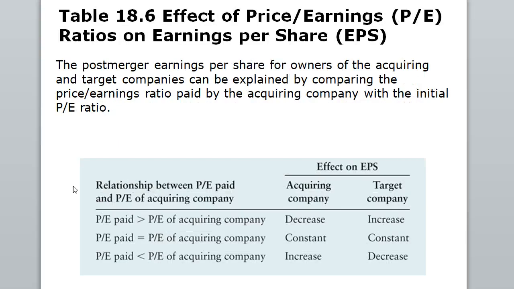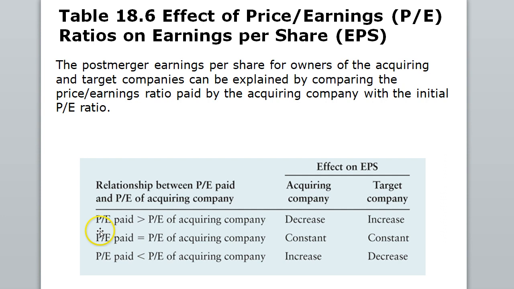Okay. Now let's talk about the post-merger earnings per share for owners of the acquiring and target companies, which could be explained by comparing the PE, or price to earnings, ratio paid by the acquiring company with the initial PE ratio. So let's look at the effects on earnings per share.